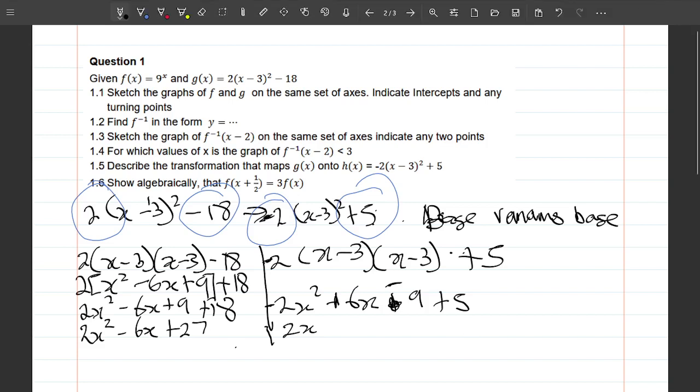Oh, crap. Okay, negative 9 plus 5, and that's negative 4. So I get negative 2x squared, and that's a positive 6x. And here we're going to have negative 4. Yes, negative 4.